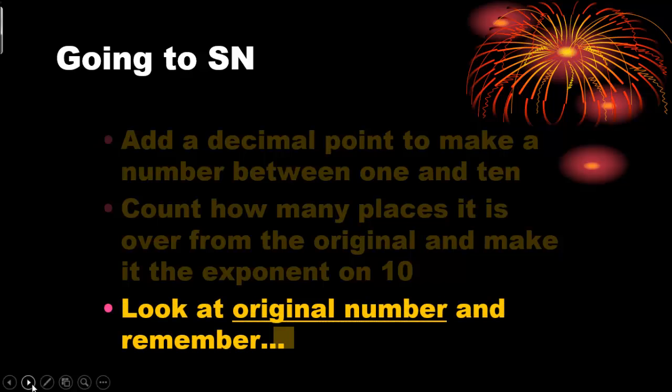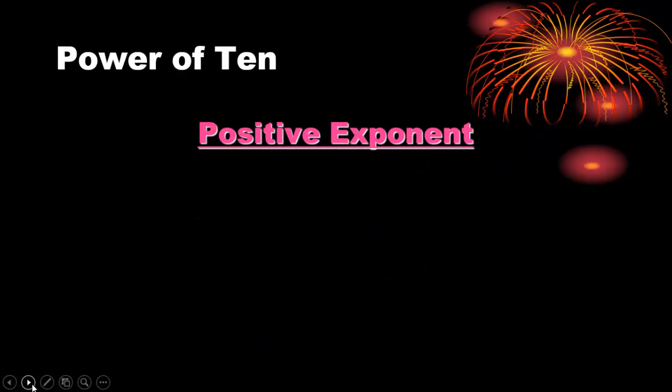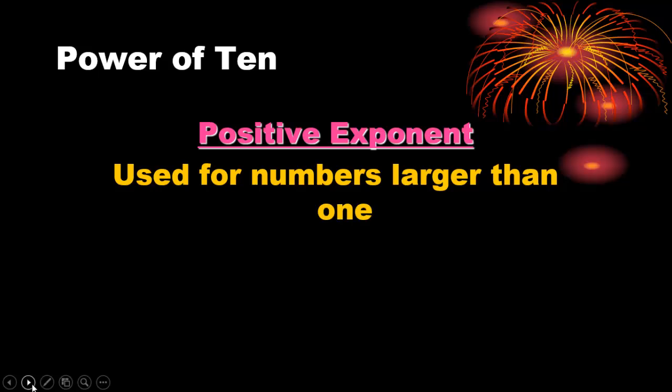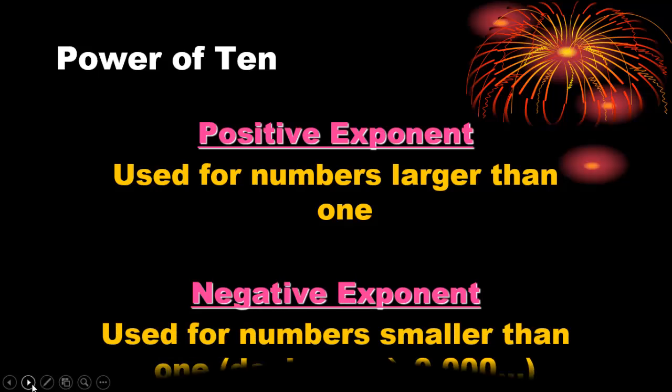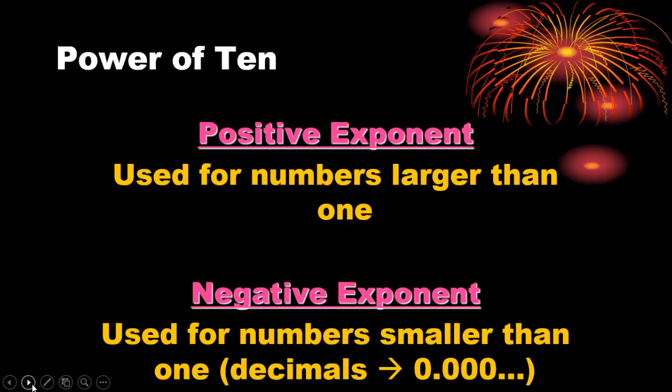So then you're going to look at the original number and you're going to remember these two rules. If your original number is larger than 1, your exponent is going to be positive. If your original number was less than 1 or a decimal number, you're going to have a negative exponent.